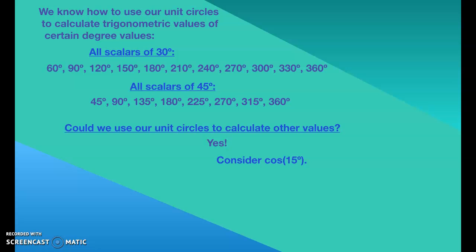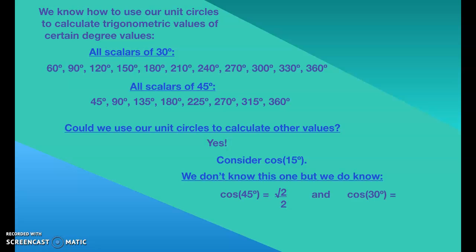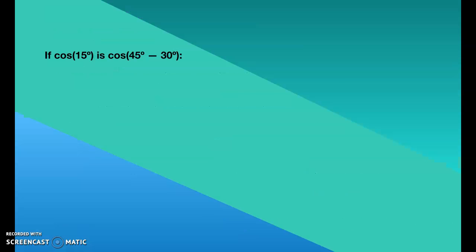However, we do know cosine of 45 and cosine of 30, and if you look close, 45 minus 30 is 15. So, this whole section deals with taking a number and turning it into a combination of one of our scalars that we already know. Let's take a look and see what that looks like.